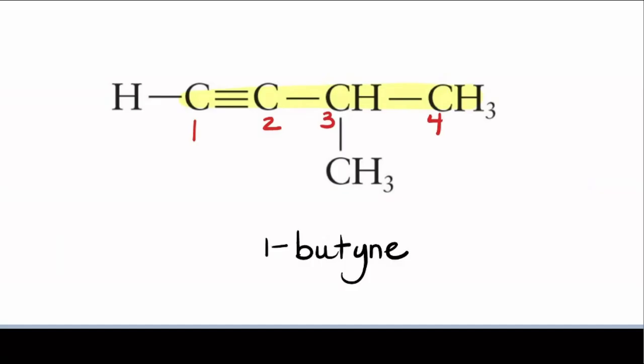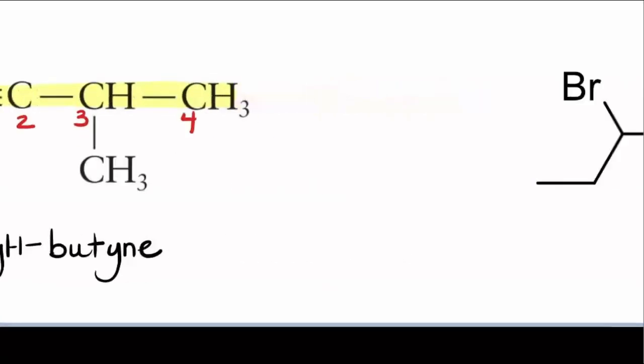And remember that the parent chain is going to be the longest continuous chain of carbon atoms. On position 3, we have a substituent, which is a methyl group. So the name of this alkyne is 3-methyl-1-butyne.